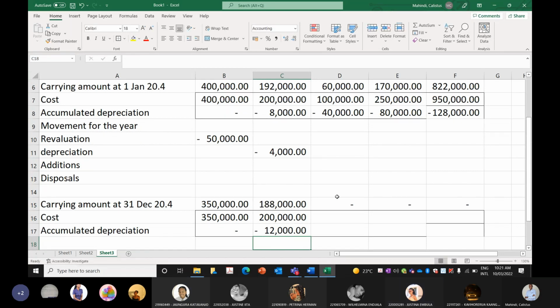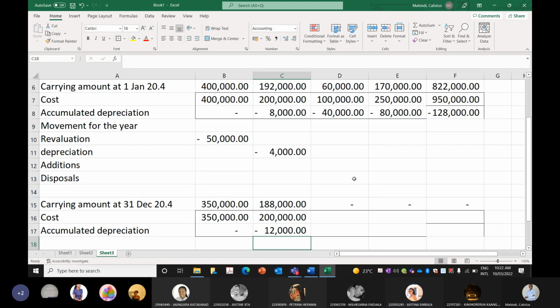Are we together? Okay. So now this is the trick. If you said your carrying amount at the beginning of the year is 192,000, this we already knew by saying 200,000 minus 8,000. So we say 192,000 minus 4,000, we must arrive at 188,000. Alternatively, you can say your original cost price was 200,000, minus our total accumulated depreciation, including the accumulated depreciation for the year.